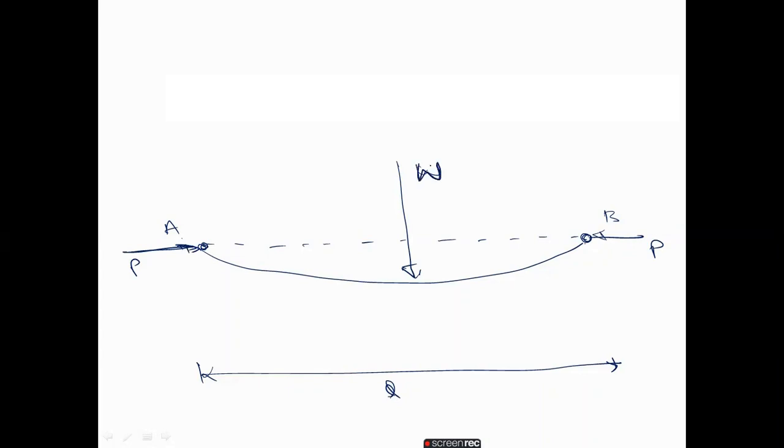My dear students, once again I will repeat. If you observe here, the strut is AB. The length of that strut is L, and it is subjected to the compressive axial load P on both sides, along with a transverse point load W acting at the center of the strut. And the condition is the strut is pinned at both ends.